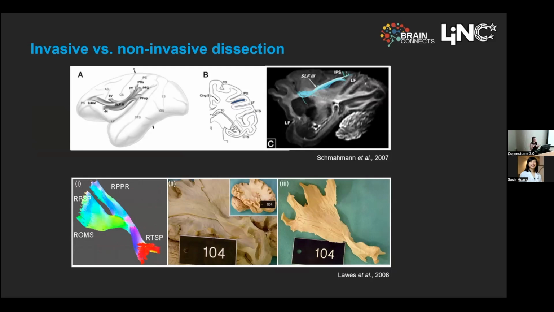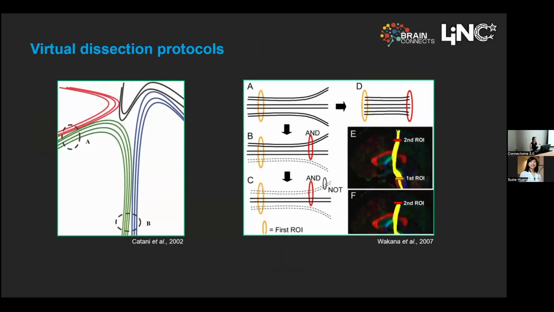And so actually the first way that histological ground truth was ever used in tractography was these very simple early virtual dissection protocols, where based on this anatomical prior information, the authors came up with ways to define brain pathways in diffusion tractography data based on a small number of regions of interest that a certain pathway should or should not go through. And so that was the first way to dissect these fiber pathways virtually using diffusion MRI data.